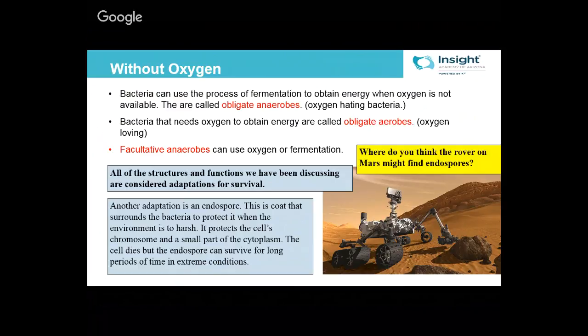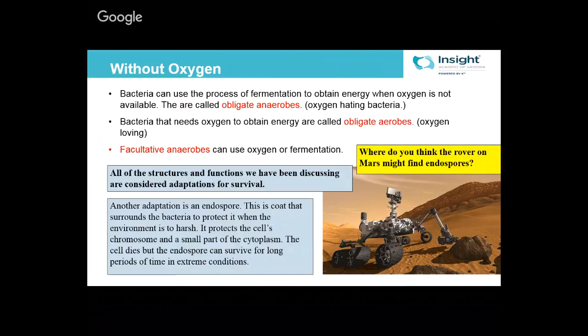And that is a coat that surrounds the bacteria to protect it when the environment is harsh. It protects the chromosomes within the cell and a small part of the cytoplasm. But the cell dies, and then when the conditions are better, it actually will come back to life. And it can survive over long periods of time in very extreme conditions.